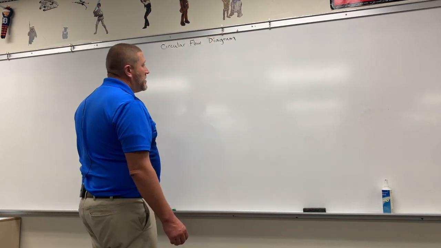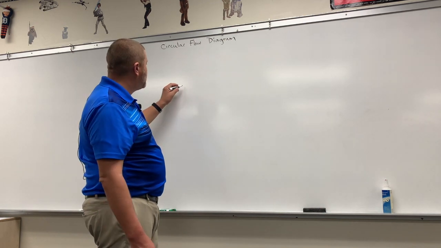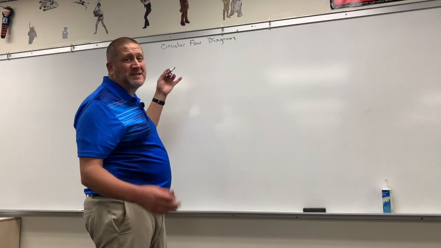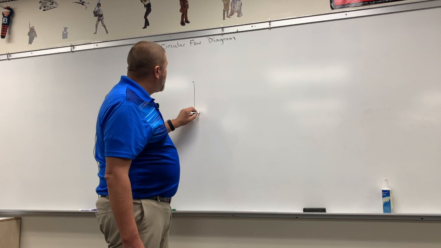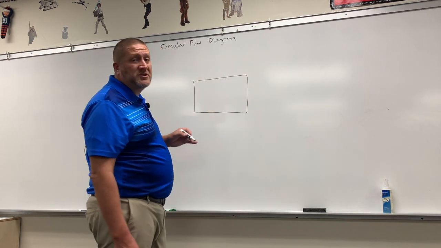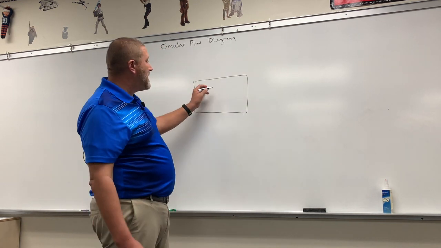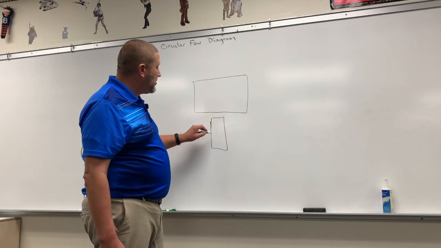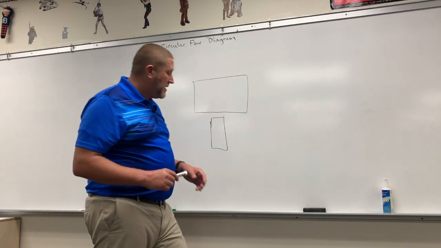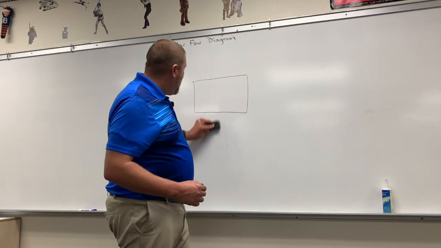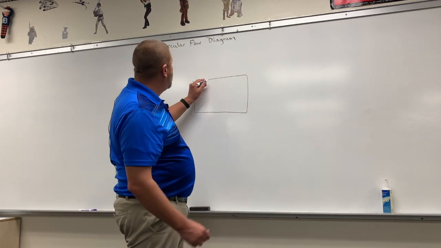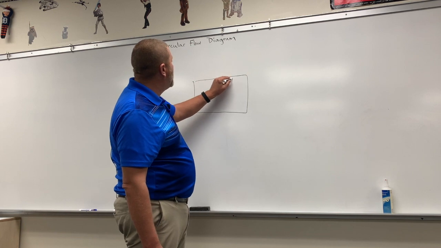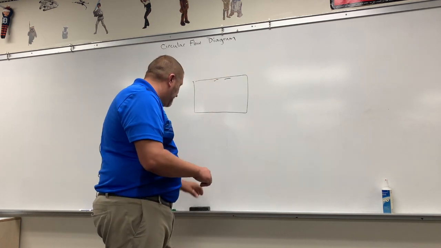Now you can resize everything, but typically I have students create their note in a landscape version and not necessarily in a portrait version. So I would give yourself some room and write circular flow diagram up at the top, just like that.